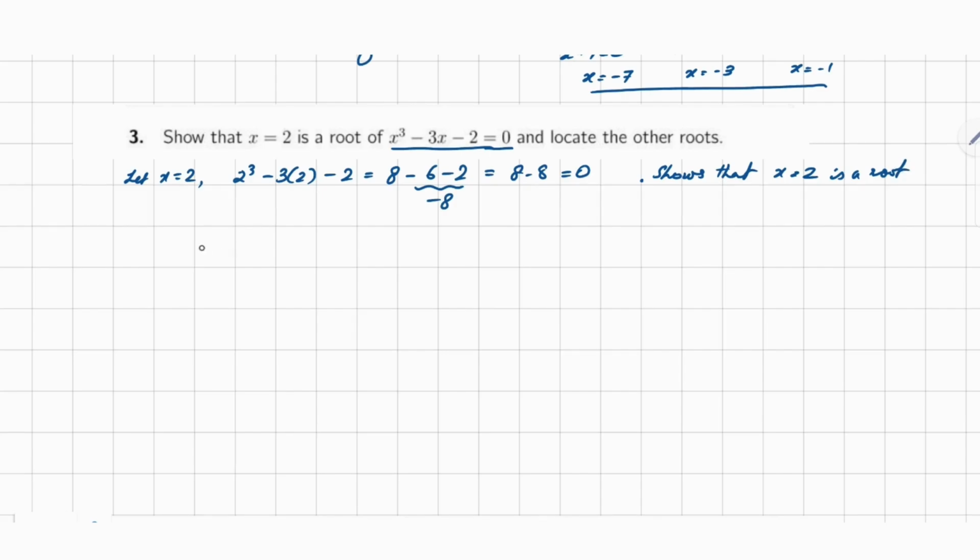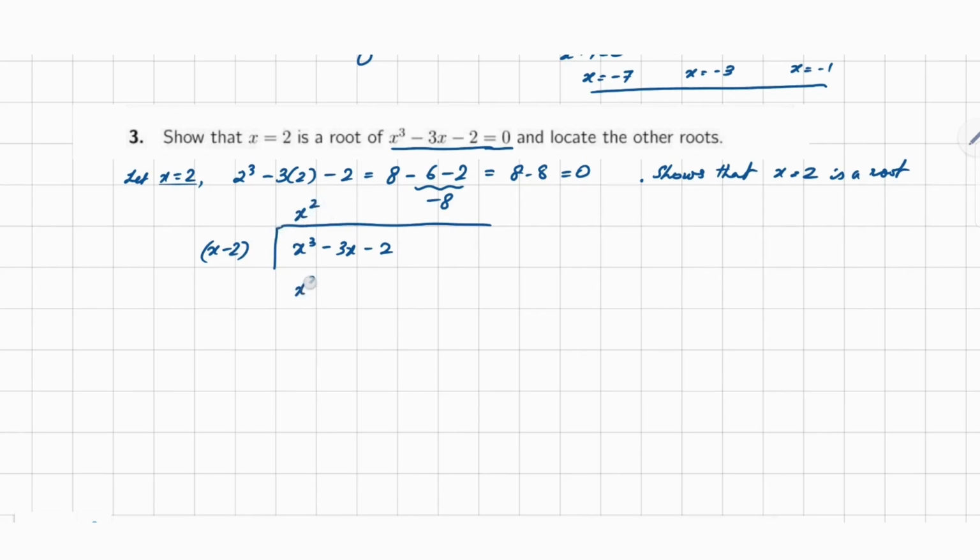Next, we have to find the other roots. We can do this by considering x minus 2 as a factor from this equation and dividing the polynomial by x minus 2. We need x cubed. We multiply x minus 2 with x squared.